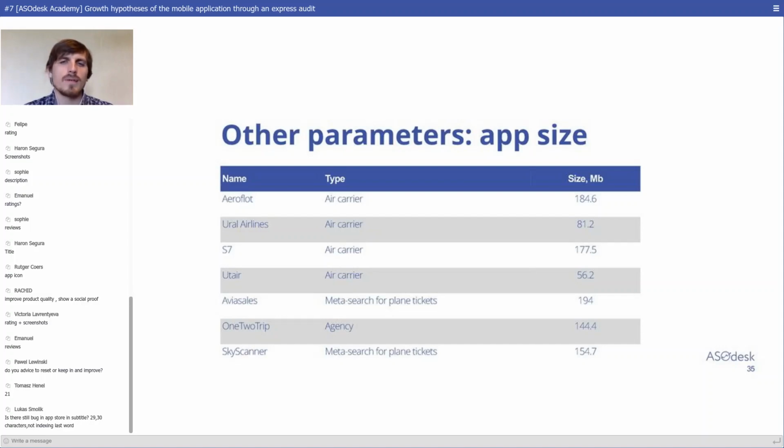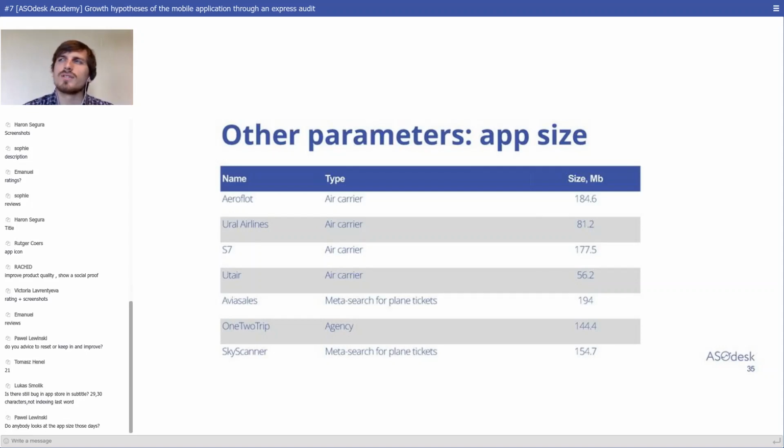So sometimes it is worth asking: why does our app have such a size and our competitors have a lower size? What is the problem? Perhaps we need to remove some SDK from our app. Perhaps, for example, there's an SDK for scanning credit cards, which weighs a lot.